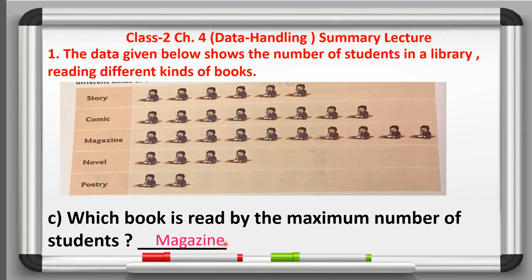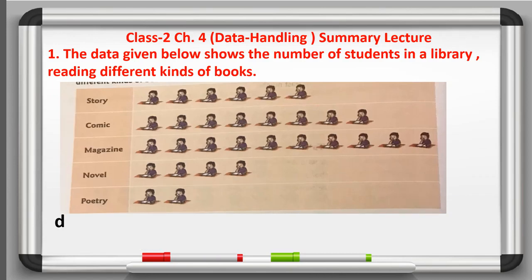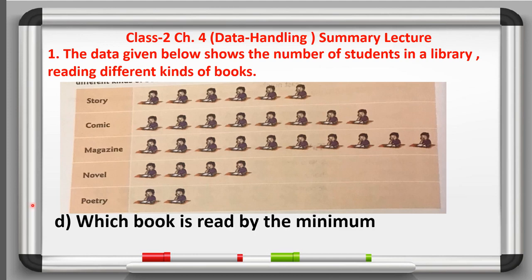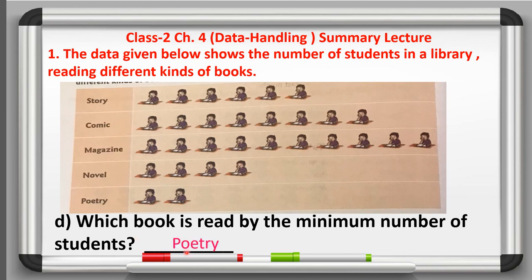Now in D part, it is given which book is read by the minimum number of students. Okay. So here we have to write the name of that book which is read by the minimum यानी सबसे कम बच्चों ने जो book पढ़ी है, and that is poetry. So here we will write poetry. Understood, beta?